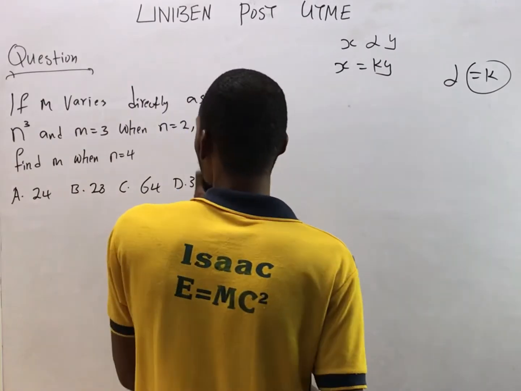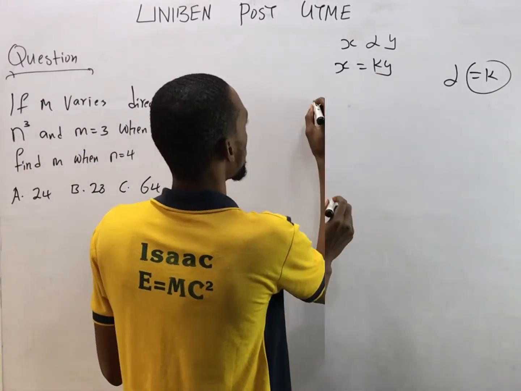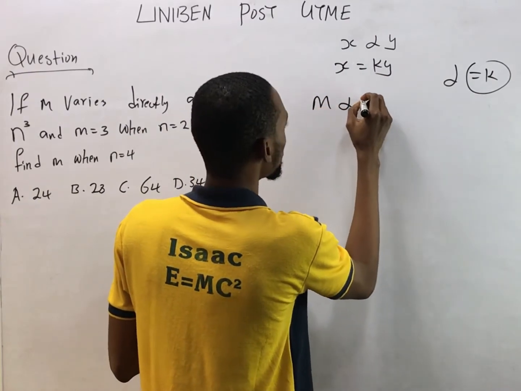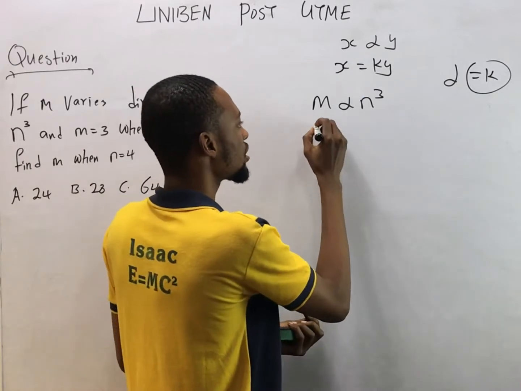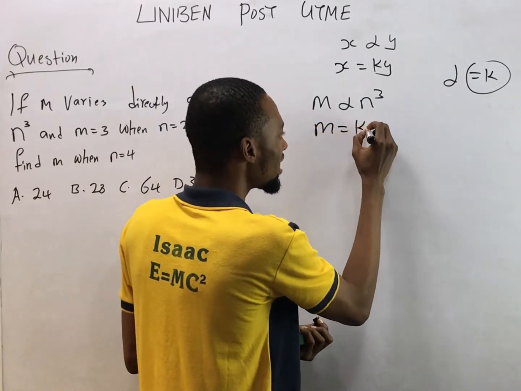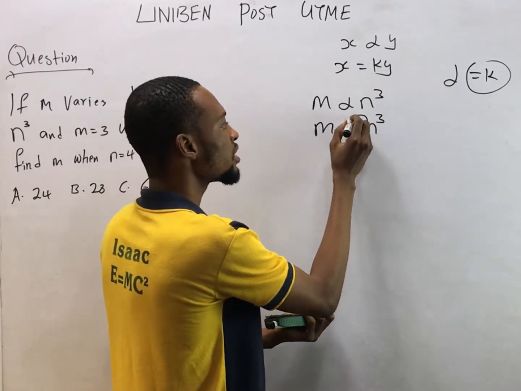Now look at the question. It says M varies directly as n cubed. M is proportional to n cubed. And like I explained earlier, it is M is equal to Kn cubed, changing proportionality to equality sign.